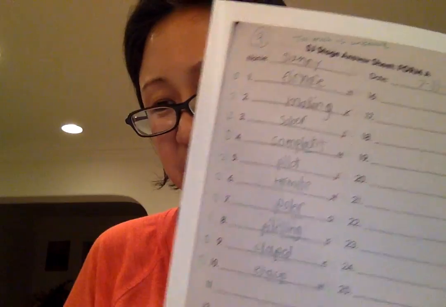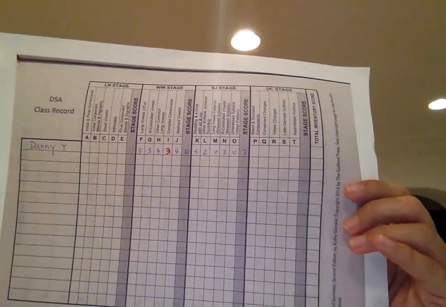And so that's pretty much this feature inventory. And with your case, since you have a group of students, after you did this, you will need to put the result into this class record sheet. I only have 1 student, which is Danny.